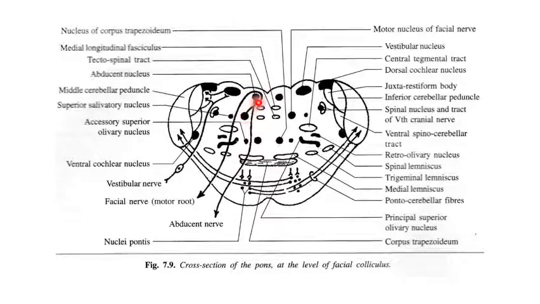These fibers wind around the dorsal aspect of the abducent nucleus, and they finally emerge at the lower border of the pons. The internal genu gives rise to an elevation in the floor of the fourth ventricle, known as the facial colliculus. So these are the nuclei: the abducent nucleus and the vestibular group of nuclei.